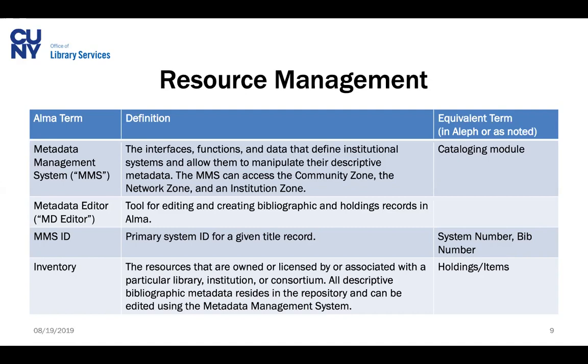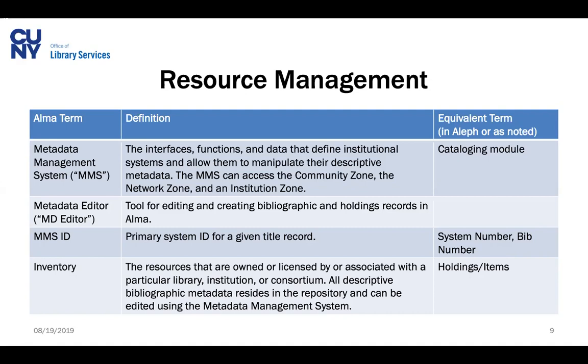In the case of physical, it includes print and other non-print physical items such as tangible DVDs, microforms, etc. For electronic items, mostly it refers to electronic resources, for example, ebooks or e-journals. For digital items, it refers to more special collections or archival materials that are digitized from their physical counterpart or were born digital.